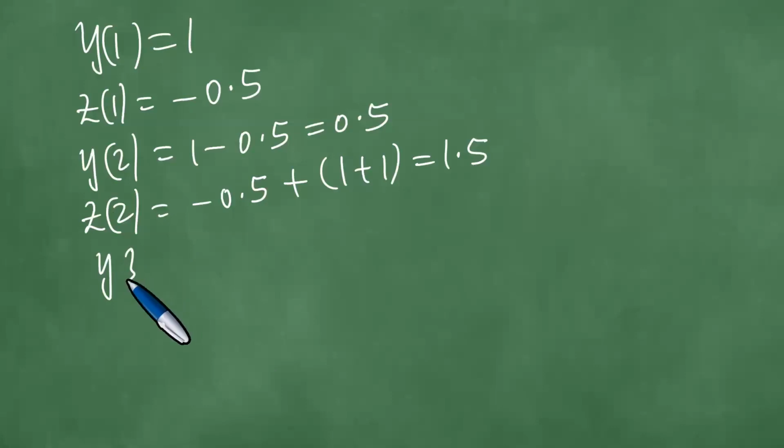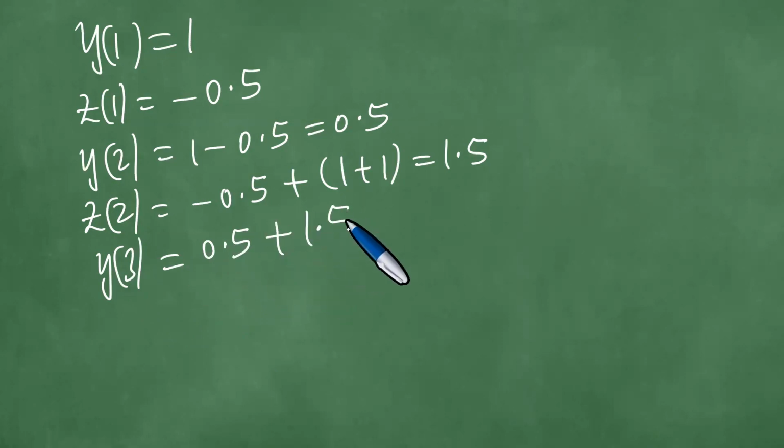Y3. So y3 is going to be y2, which is 0.5, plus the slope times y primed of 2.